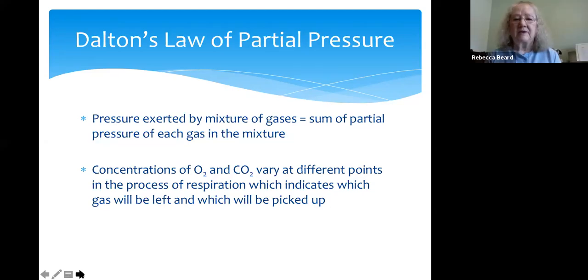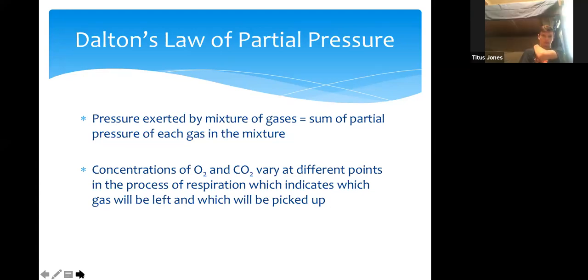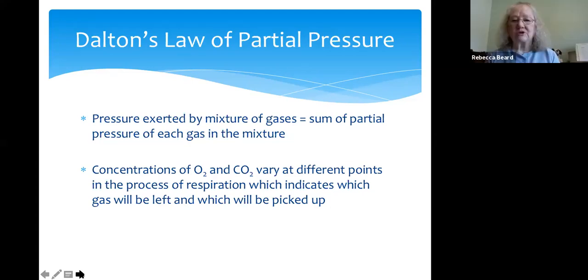Okay. So it's basically the concentration of the gas in the mixture of gases. So when we're talking about the partial pressures, we're talking about a mixture of gases, and each one of the gases in there has a partial pressure. They're exerting a pressure depending on how much of a particular gas is in the mixture.